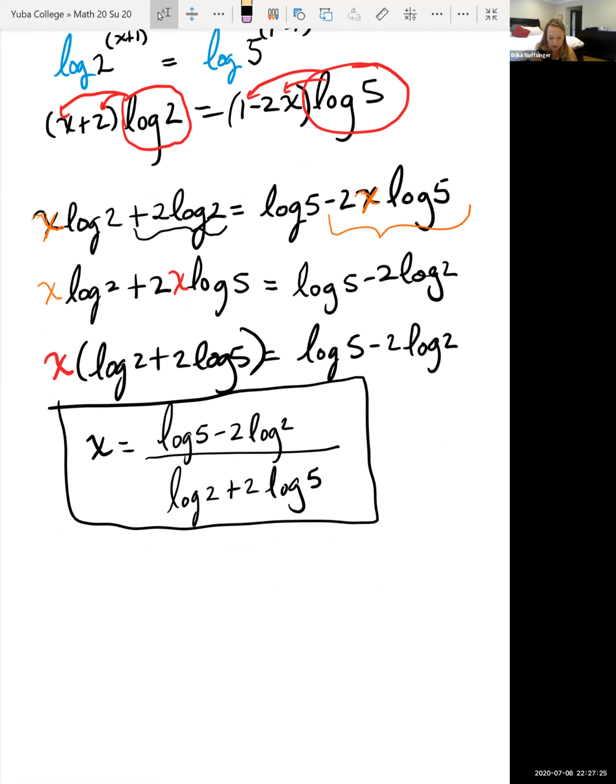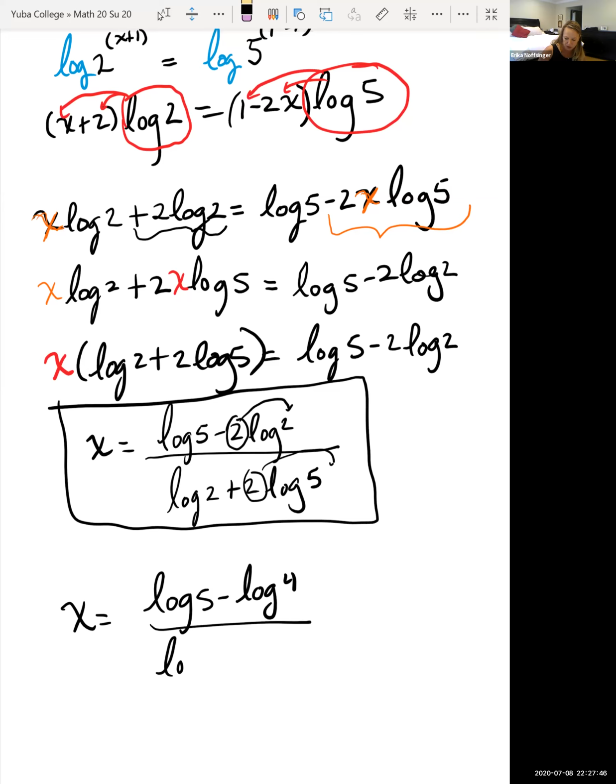What if I brought this 2 up first, our coefficients as exponents? I could rewrite this as x equals log of 5 minus log of 2 squared, which is 4, all over log base 2 plus, bring that square up.